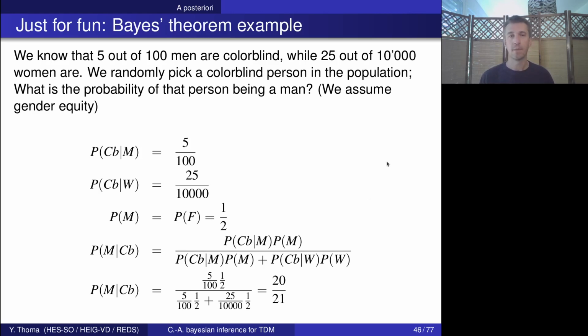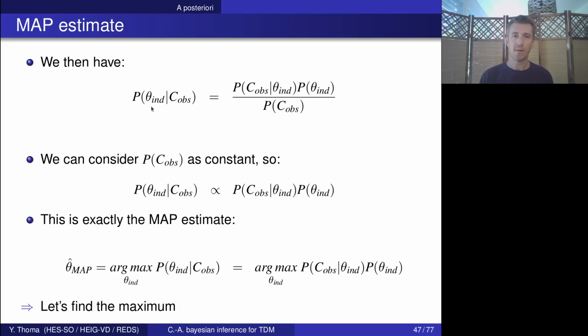All right. So in our case, we can go back to Bayes, because we need to find the probability of the individual parameters considering the observed concentrations. So we use Bayes to derive this. We can consider the probability of the observed concentration as constant, and so this probability is directly related to these two parts.